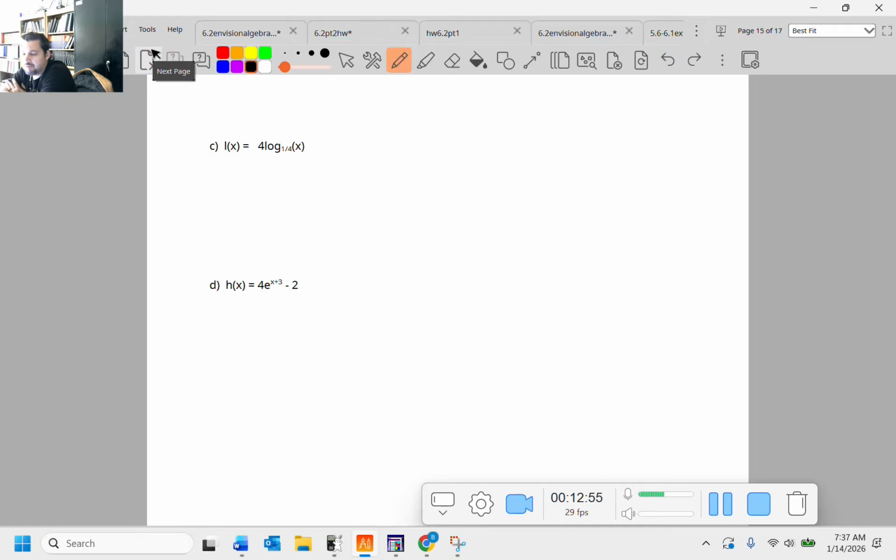And now we're going to do it with logarithms. It's the same exact process. Every x becomes a y, every y becomes an x. Now, what we're going to do is isolate the log, and then we're going to use log is base.